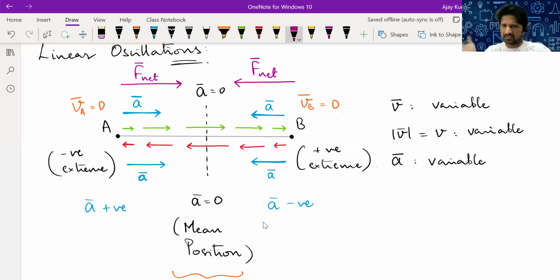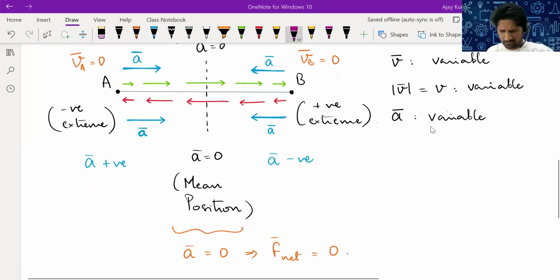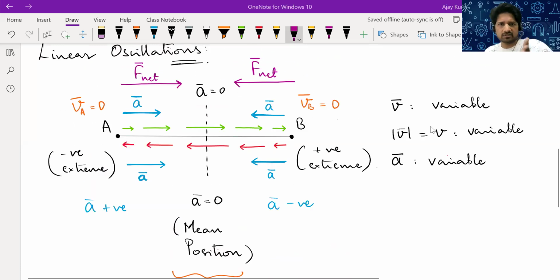Of course, there's no fixed direction, it keeps changing. But is there something common, or is there something that it is trying to do? Okay, what Vanilla said is correct. Net force on an oscillating system is always directed towards the mean position. Okay, just by observing oscillating systems, we can arrive at this conclusion.